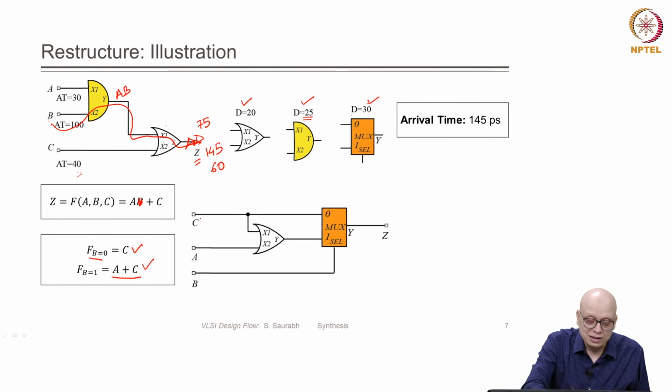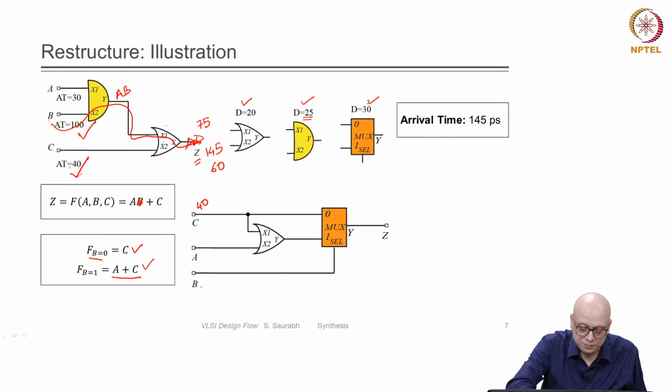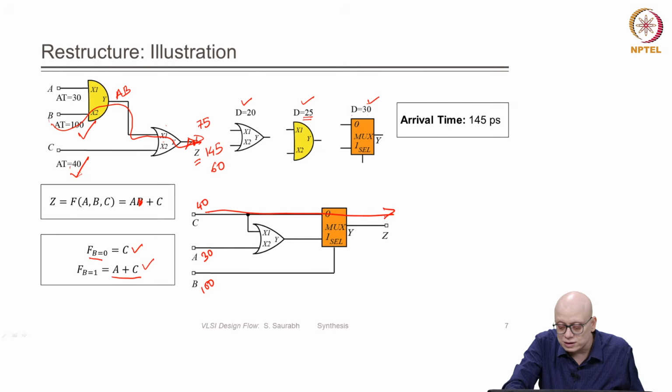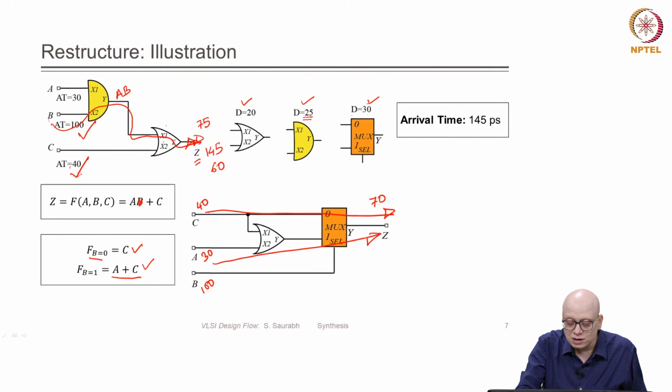So, the arrival time at C is 40, it is already given here, B is 100 and A is 30. Now, if we consider this path, what is the arrival time? The arrival time is 40 plus 30 is 70.